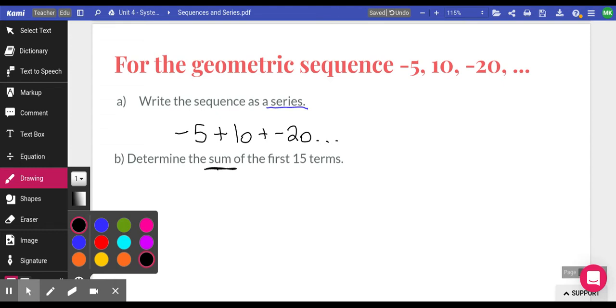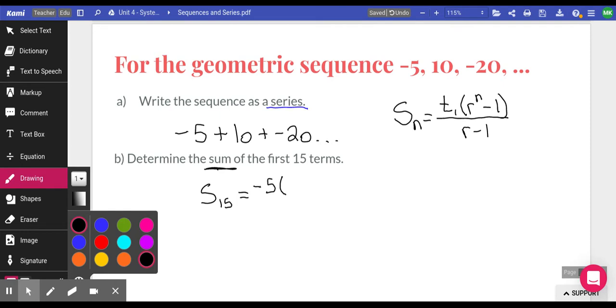To figure out the sum, we're going to have to use that sum formula, which is S of n equals the first term times r to the power of n, subtract 1, divided by r minus 1. So let's try that formula. We're looking for the sum of the 15 terms. The first term is -5.